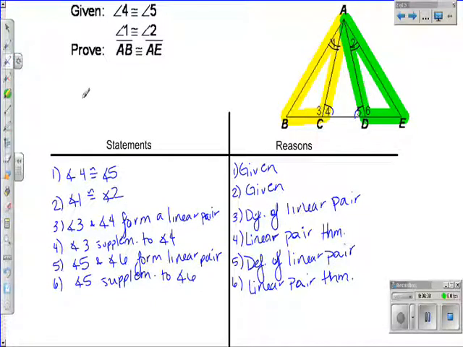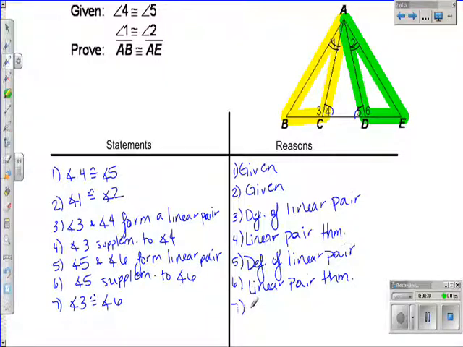We can see from here that if 3 and 4 are supplementary, and 5 and 6 are supplementary, and 4 is congruent to 5, then from one of our really old theorems from the beginning of the year, angle 3 is congruent to angle 6 by the congruent supplements theorem.